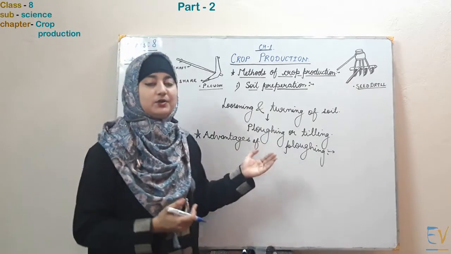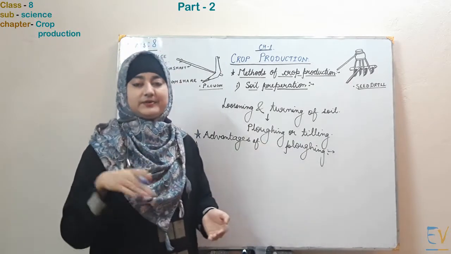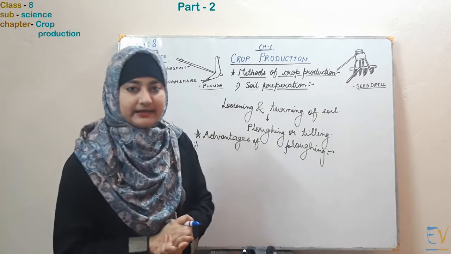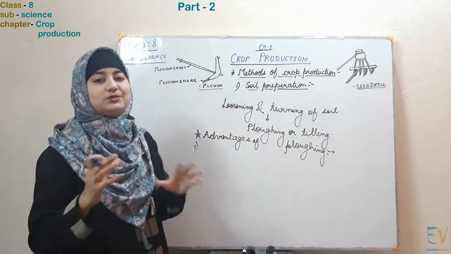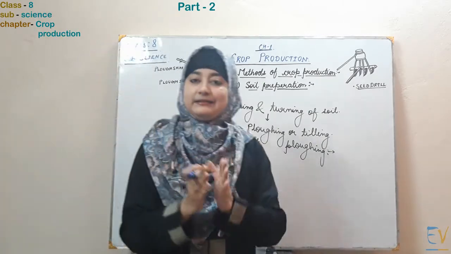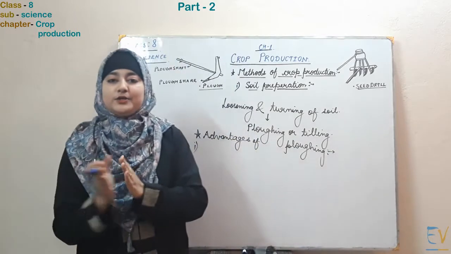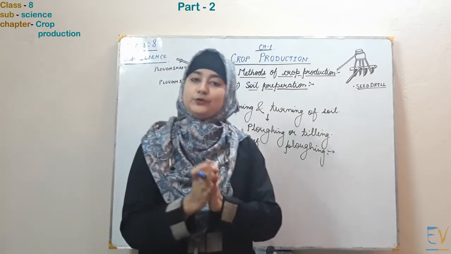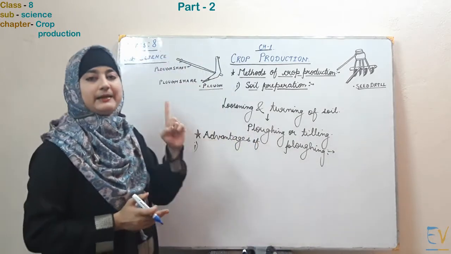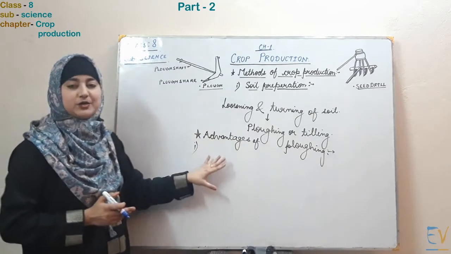Roots of plants also breathe. They also take in oxygen and release carbon dioxide. So loose soil generally contains lots of air, which plays a very important role in breathing of roots. That is the first important advantage of plowing.